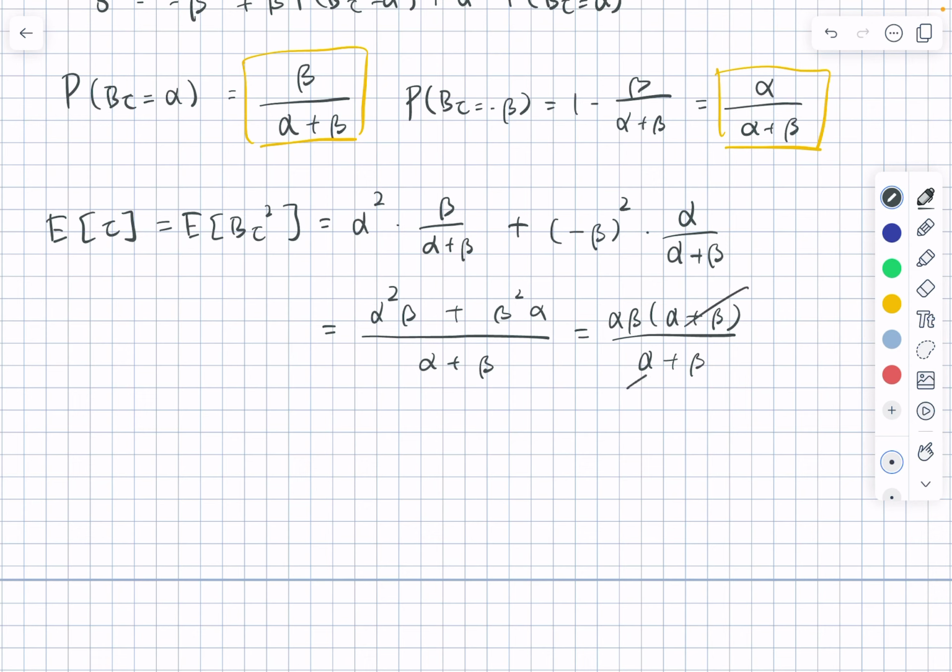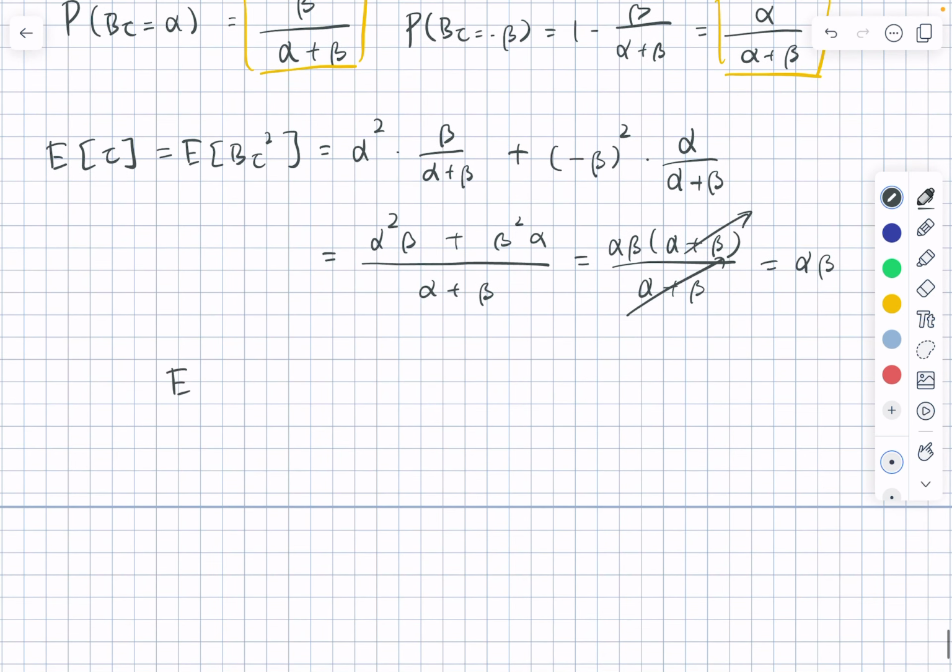The numerator and denominator cancel out, so all we're left with is alpha times beta. So the expected stopping time tau is just the values alpha and beta multiplied together. In our case, if alpha is 5 and negative beta equals negative 3, then the expected stopping time is 3 times 5, which is 15.